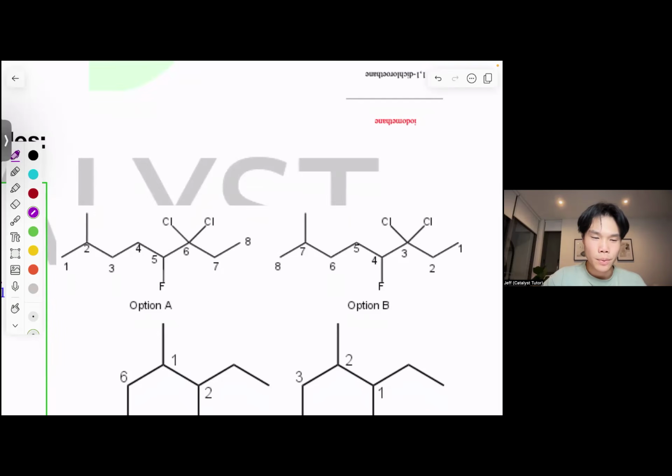Got a lot of B's. Would someone like to explain why it's B or why it's A? Got a bit of swapping.